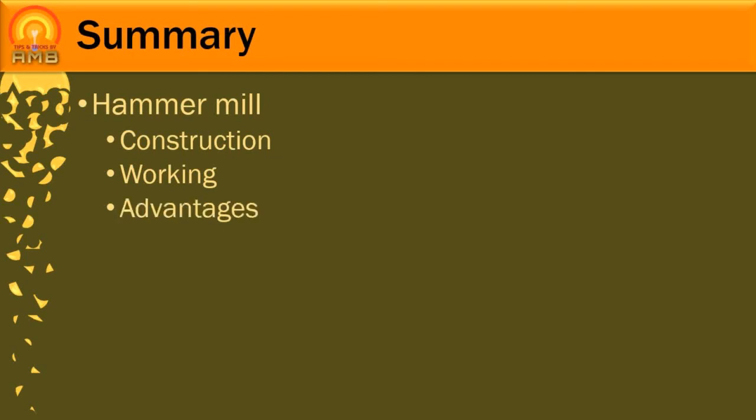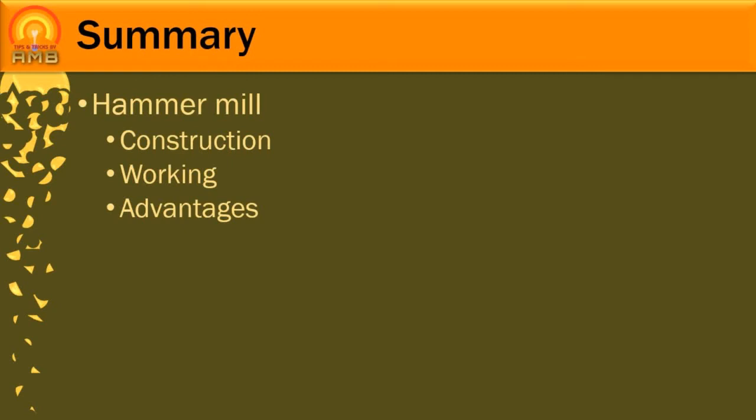Now it's time to summarize the session. In this session we had discussed construction and working of hammer mill. Easy installation, continuous operation, rapid action, variety material grindability, less metal contamination and easy control on particle size are the advantages of hammer mill.